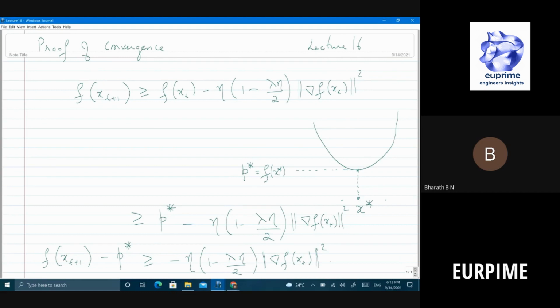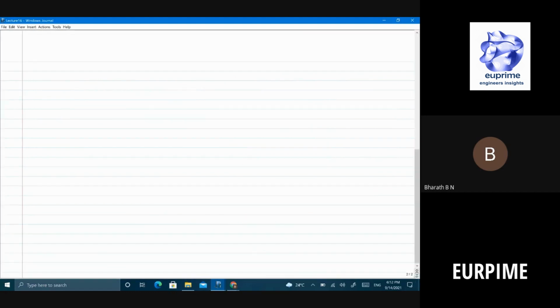You agree with this? So what is f of xt plus 1 minus p star? Let's look at it in terms of the picture. Suppose your xt plus 1 is here. This is where you are now. Now f of xt plus 1 is this, right? So this will be f of xt plus 1. What is p star? P star is basically at x star, right? This is your p star.